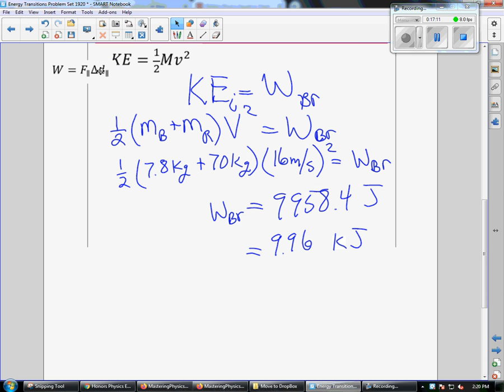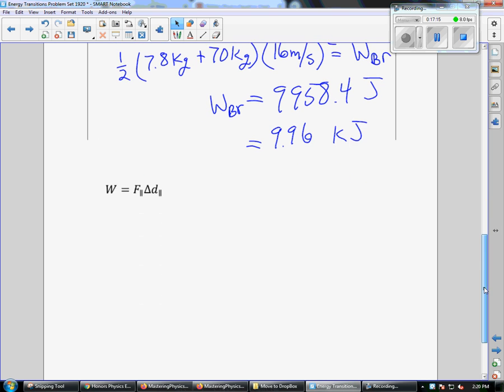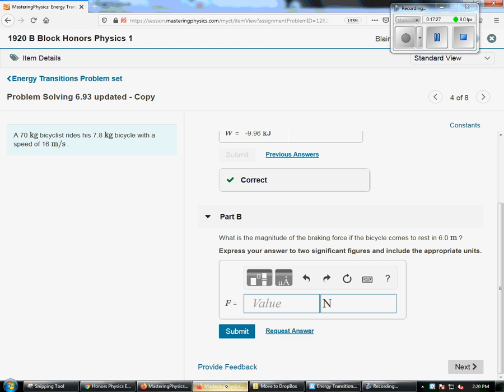Drop that in. And so we're told how far it travels. It comes to rest in 6 meters.